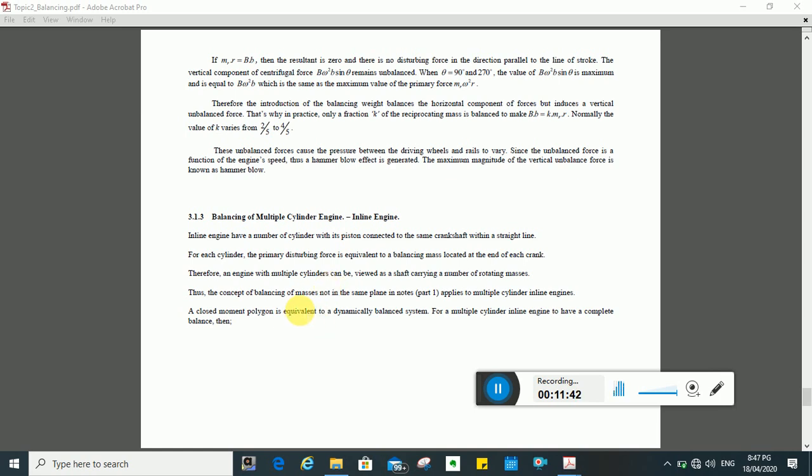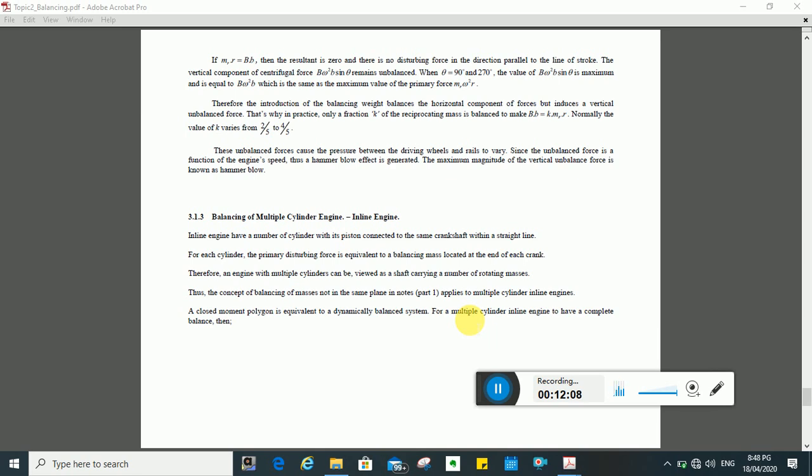So, the concept of balancing mass in different planes from part 1 we can apply to the multiple cylinder inline engine for the static balancing, for the MR centrifugal force, and for the closed moment polygon, for the moment, which is equivalent to a dynamic balance system.